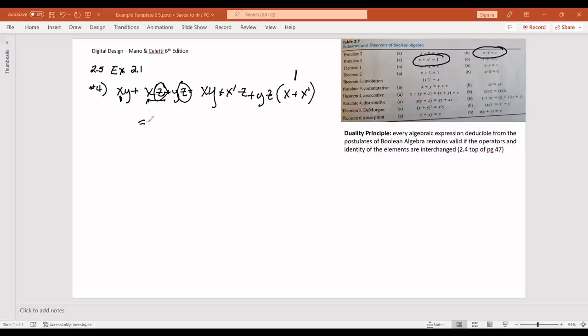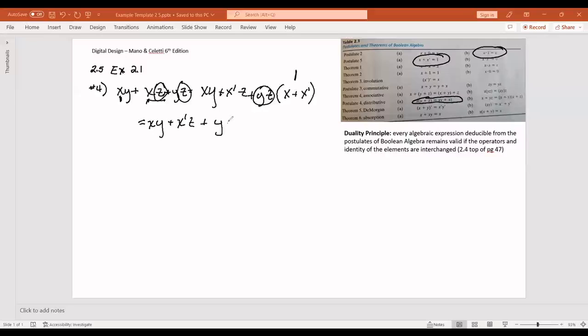So we still have our XY plus our X prime Z, but now we can distribute this. Consider this to be distributive, and this is basically our X from over here. This is what you're distributing.